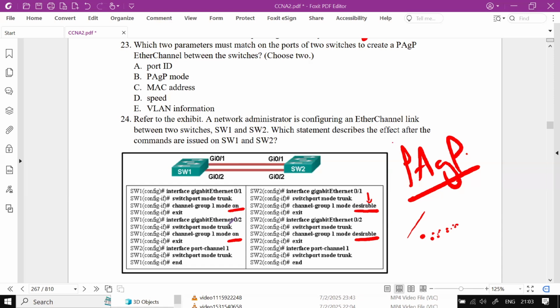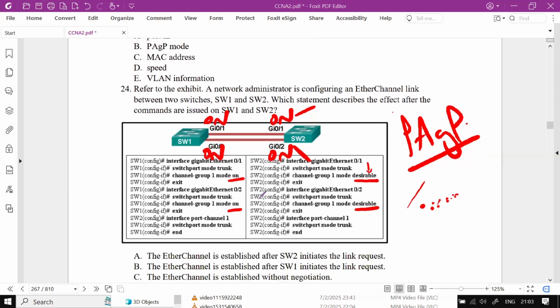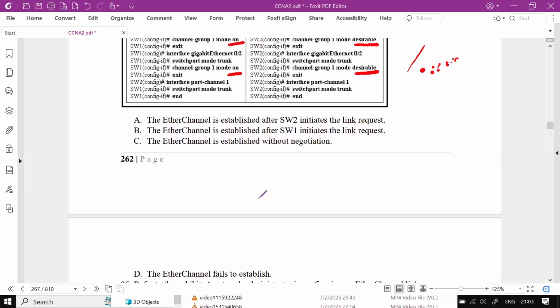It means the negotiations will go through. For the negotiations to go through, if we set on here, we must set on there too. So here we have my desirable negotiations are very much.